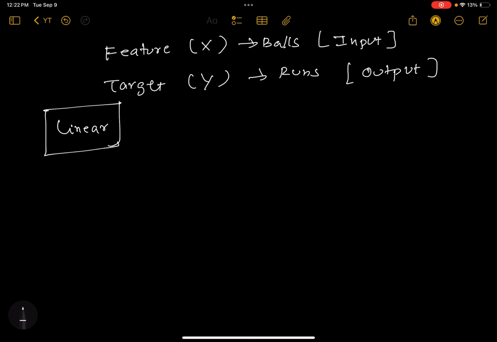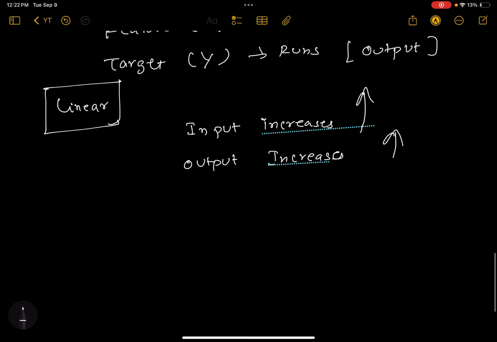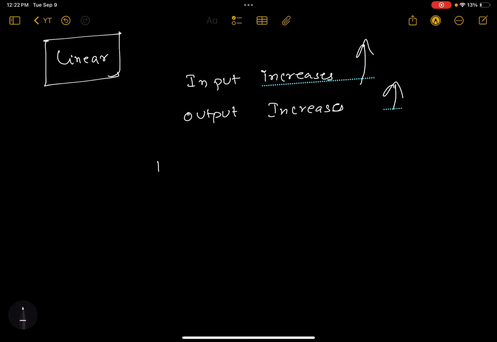It just means that as the input increases, the output also increases, but if the input decreases, the output also decreases.